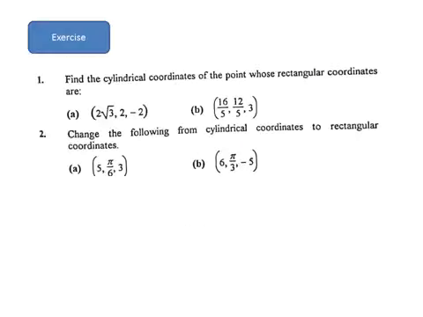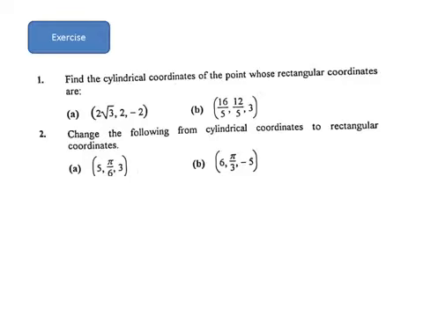These are some exercises for you, in which in question number 1, you have to find the cylindrical coordinates of the points whose rectangular coordinates are, in part A, (2 square root 3, 2, minus 2), and in part B, (16 by 5, 12 by 5, 3).